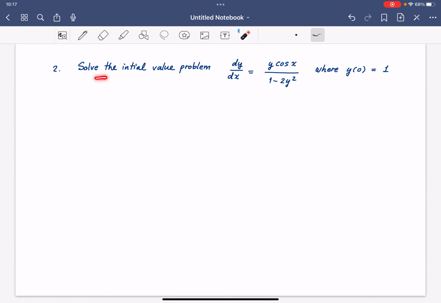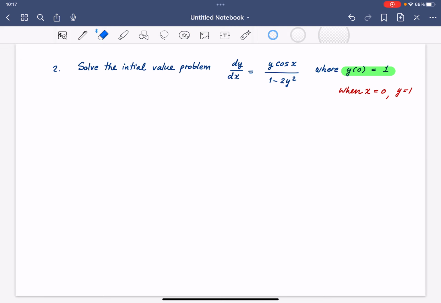We want to solve the initial value problem, this one. But this time I give you y(0) equal to 1. When I give you y(0) equal to 1, this means when x equal to 0, y equal to 1.